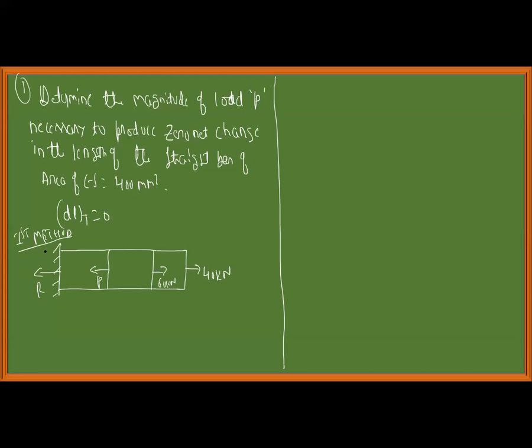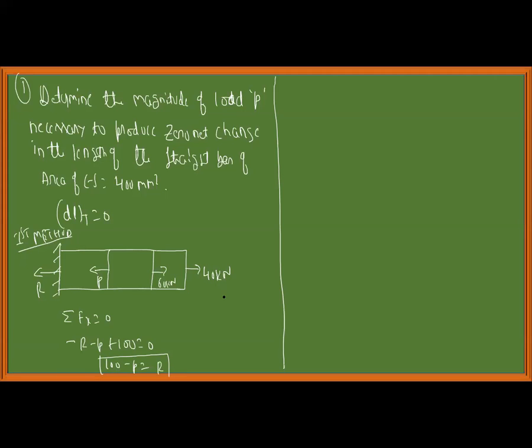Reaction force is acting towards the left-hand side. So I will write summation of forces in x direction equal to 0: minus R minus P plus 100 is equal to 0, or 100 minus P is equal to R.